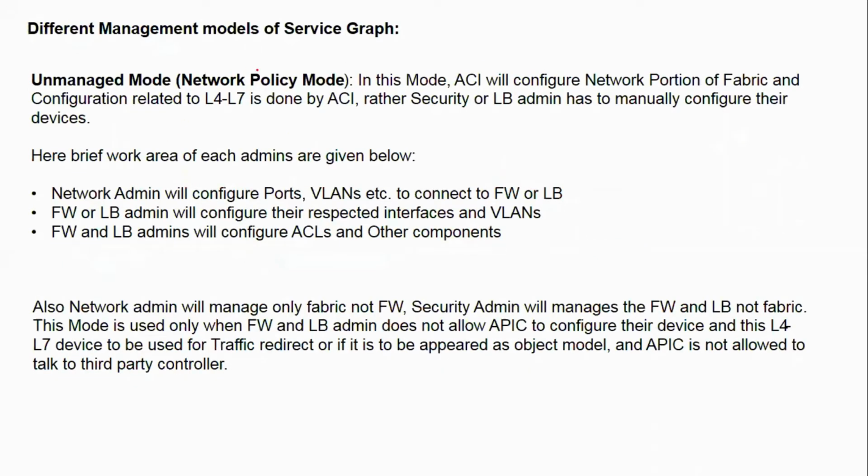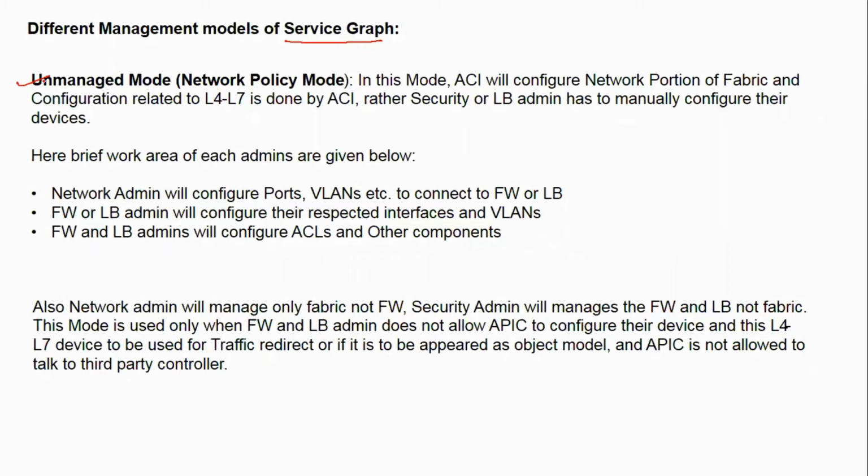Okay. Now, what are the modes of the service graph? There are two types of modes: unmanaged mode and managed mode. What do we mean by managed mode and unmanaged mode? In unmanaged mode, all the network-related configuration of your load balancer or firewall will be done via ACI, and all the policies and other configuration on the load balancer and firewall will be done by the security or load balancer admin.